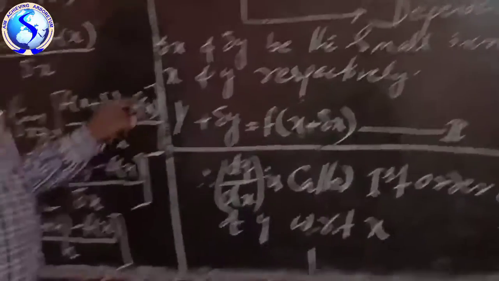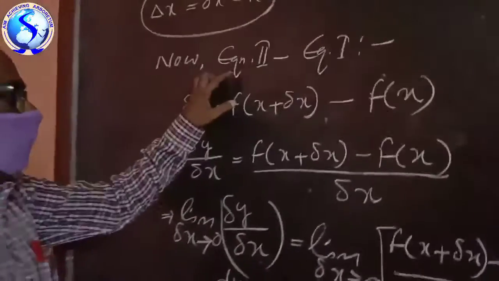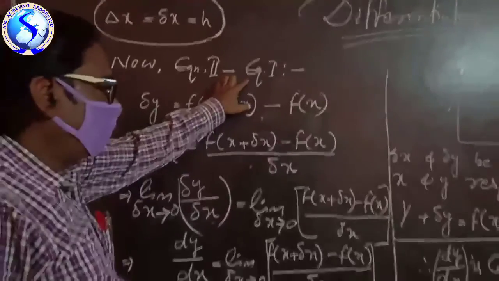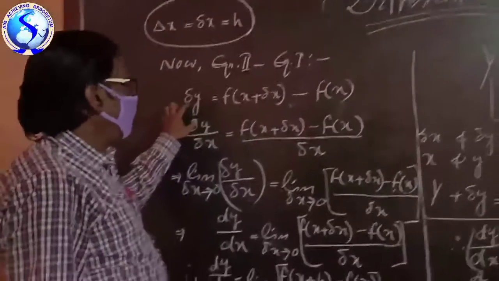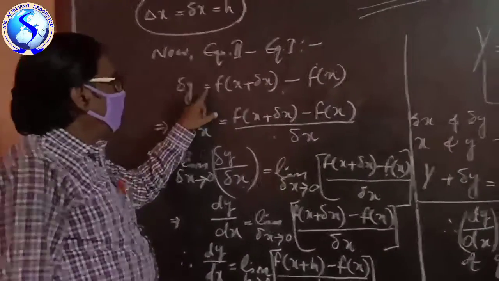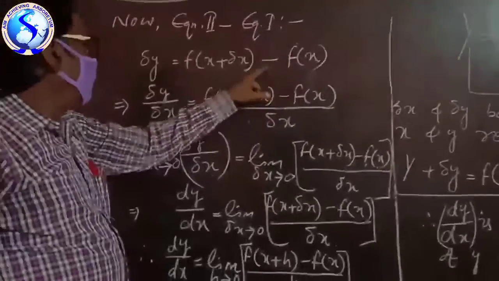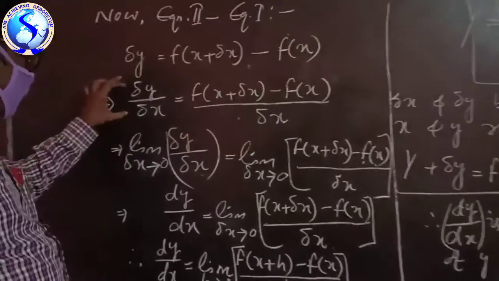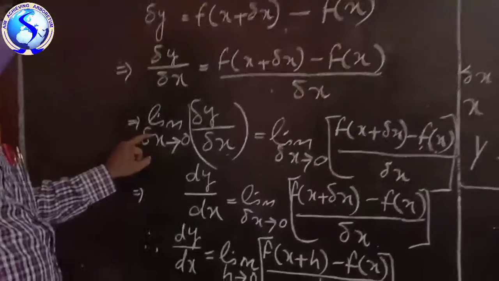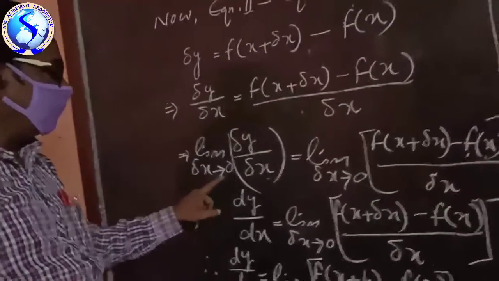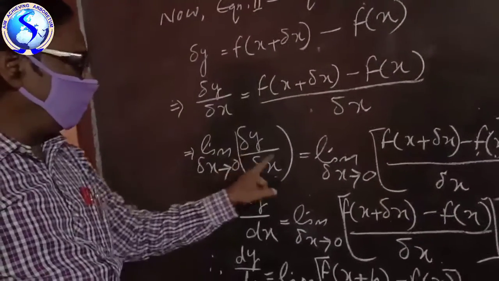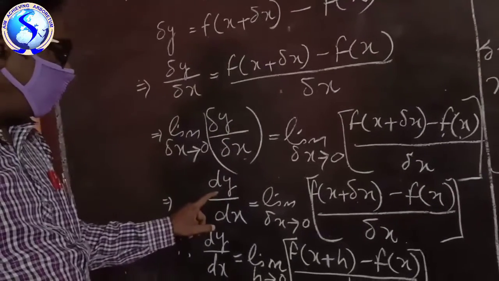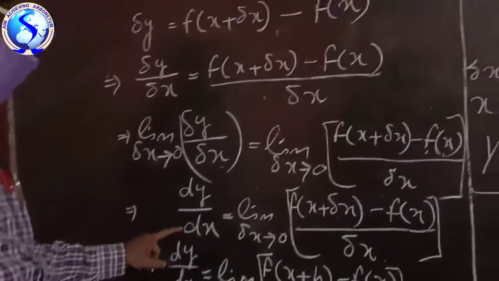Now equation 2 minus equation 1. If I subtract, I get delta y. Dividing delta x both sides, then taking limit delta x tends to 0, this is nothing but dy by dx.